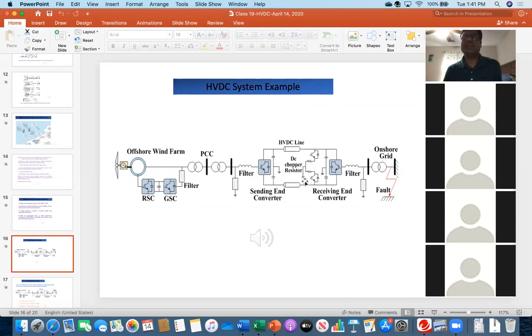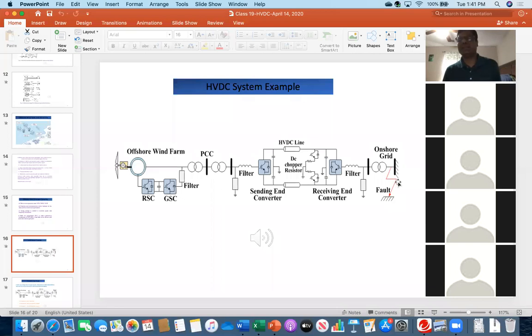Now inside the HVDC system, in this zone, I have written DC chopper resistance. On the right side, the red colored symbol is a fault.